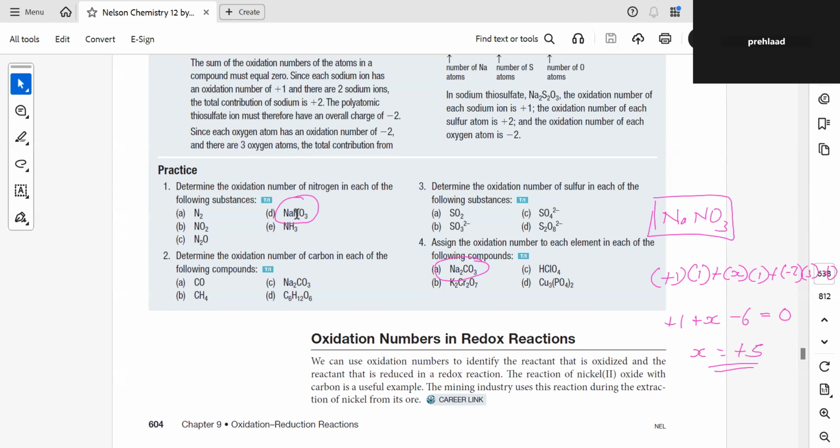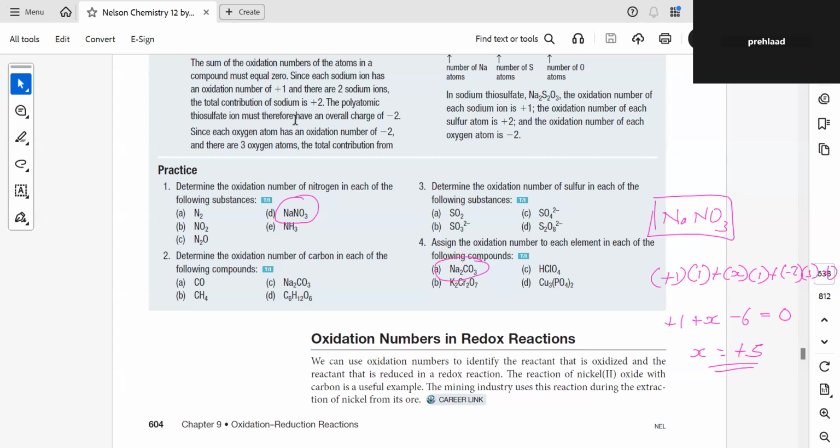Cr2 in K2Cr2O7. This is going to be +6. So it's 2 into 1 plus 2X plus 7 into -2.